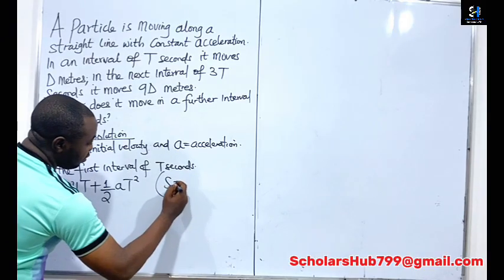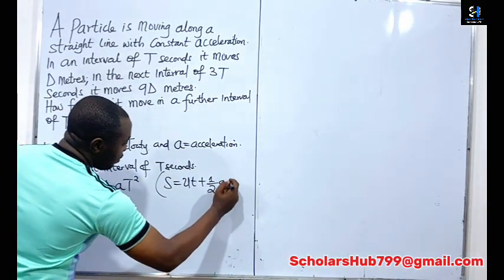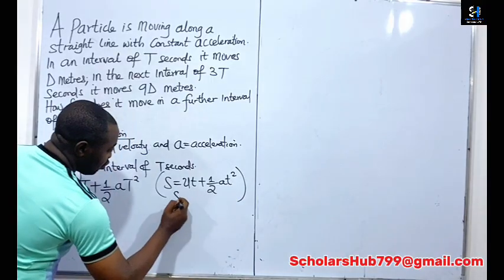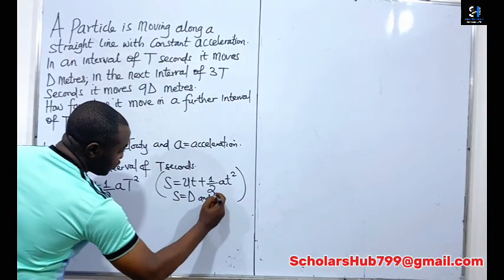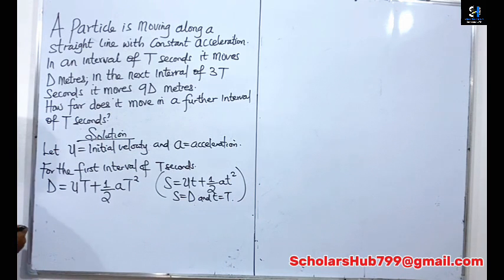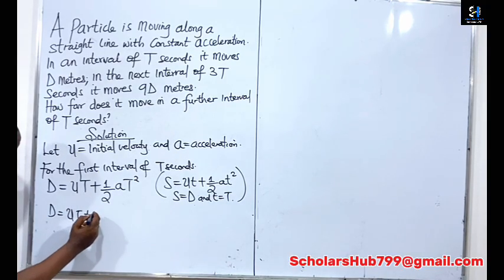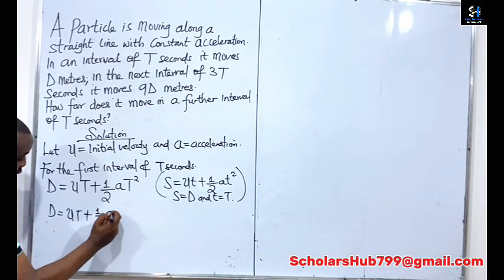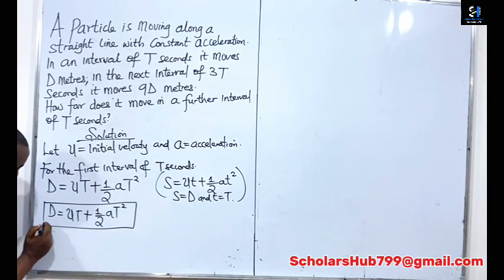So using the formula s equals ut plus 1/2 at squared, where s equals d and small t equals capital T, this will be the first equation: d equals ut plus 1/2 at squared.